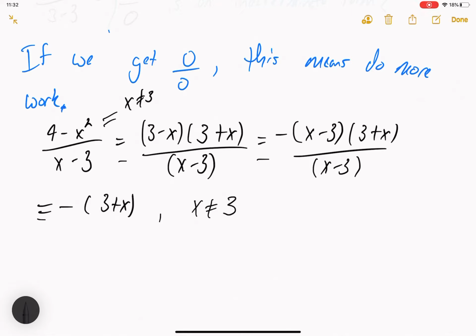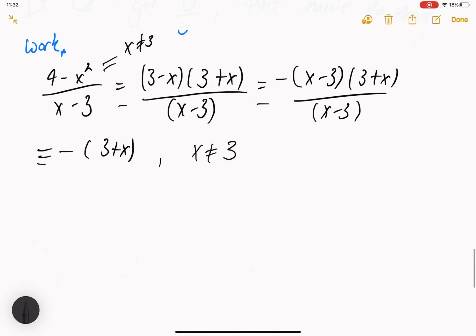What is one of the things we notice about this form right here? If we forget that, and just look at negative (3 plus x) by itself as a function, it is nice enough that we can just plug in 3.